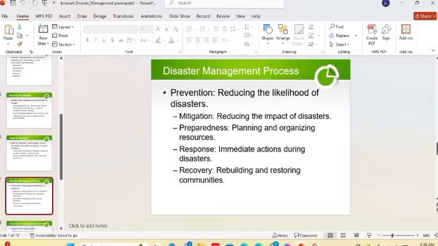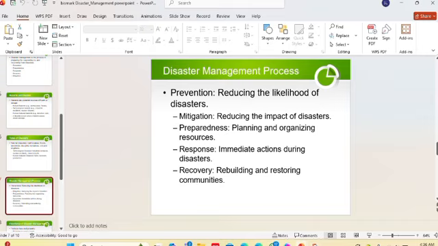Then we have response. This is an immediate action during disaster. Immediately after that disaster has ended, response activities take place, like saving people's lives and properties. Let's say, for example, there is a fire outbreak.